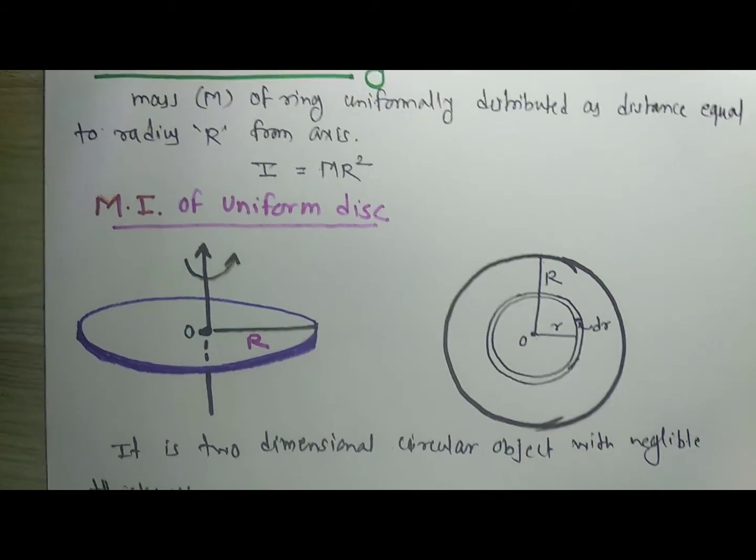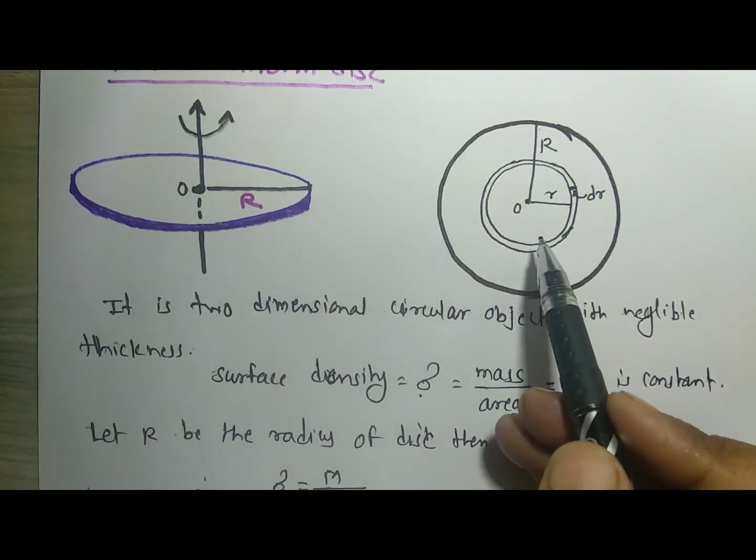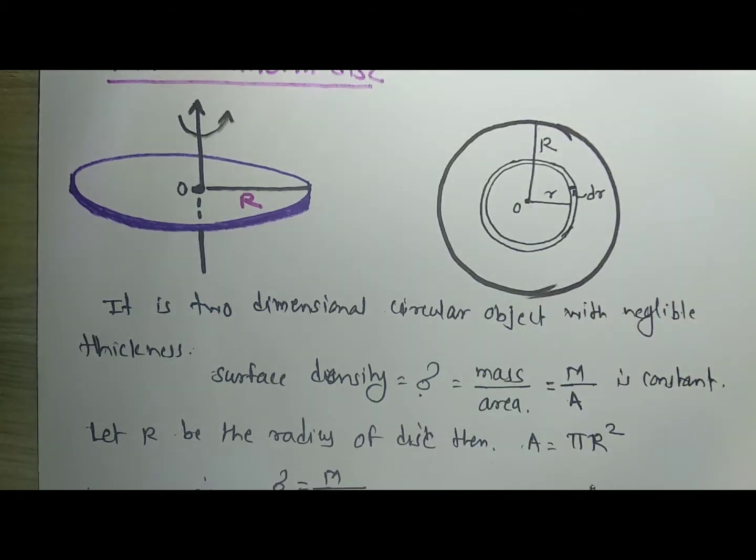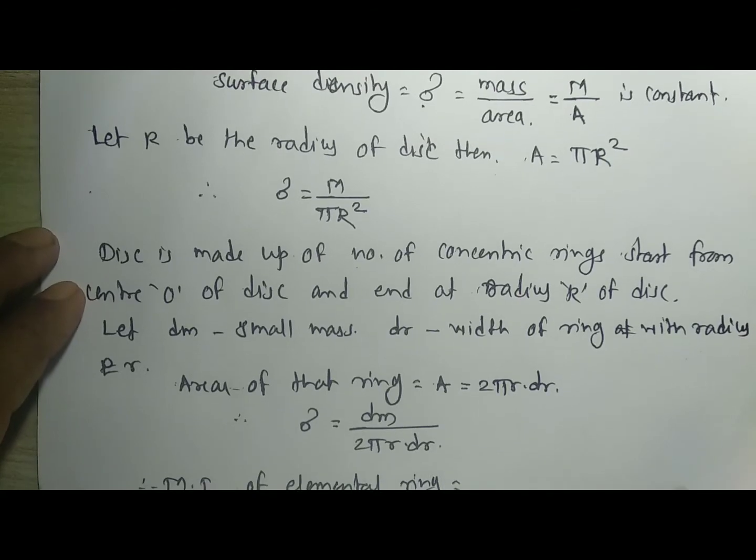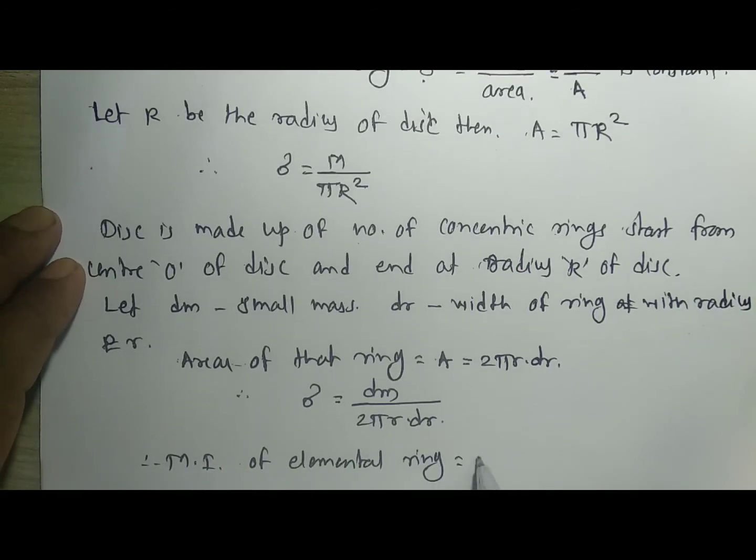Right now we consider one ring having mass dm and radius r, and therefore the moment of inertia of that elemental ring is dm into r square.